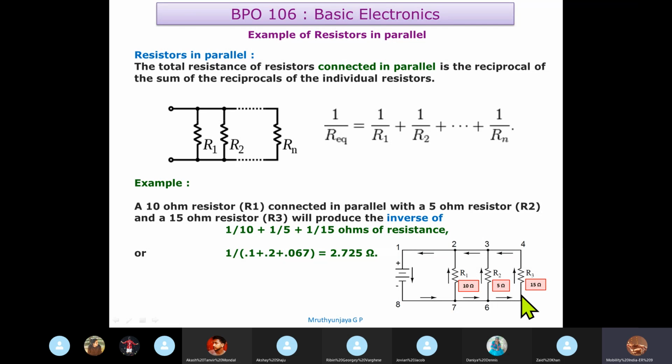In this case, the smallest value resistor is 5 ohms, whereas the equivalent resistance is 2.725 ohms, smaller than this value. In series, it was bigger than the biggest value. In parallel, it is smaller than the smallest value. That's a verification checkpoint for you.